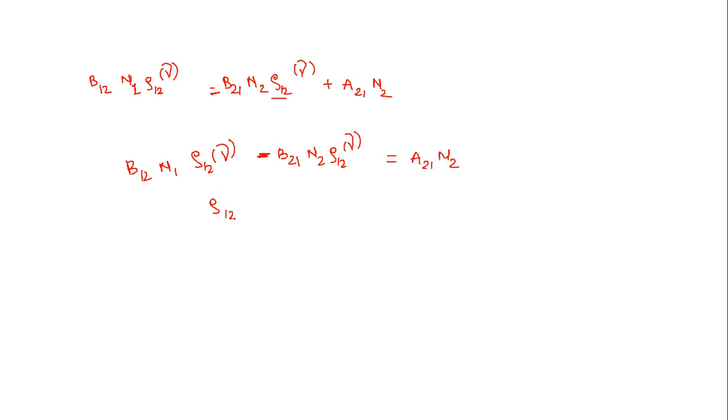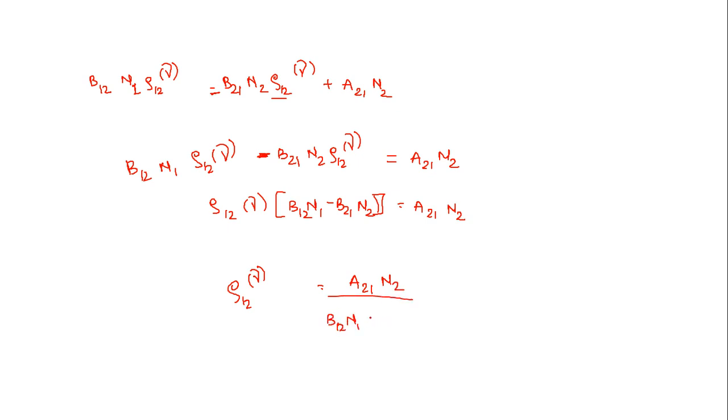Now I'll take rho 12 nu common, and in the bracket I'll write B12 N1 minus B21 N2, which is equal to A21 N2. So rho 12 nu is equal to A21 N2 whole upon B12 N1 minus B21 N2.